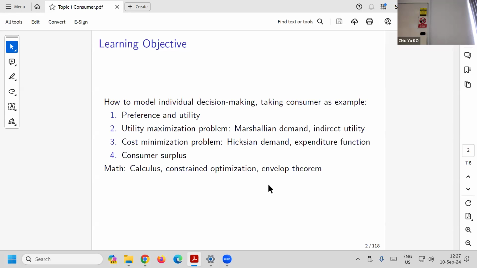I think preference is something primary enough that people know how to choose from a set of objects. Of course, those people who do experiments would disagree. They find some deviation, but in general, people having some preference is pretty normal. Of course, some preferences will be very weird, but in general, that would satisfy what we want to do.